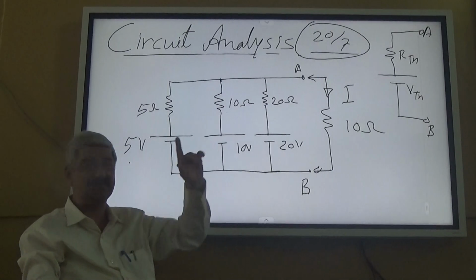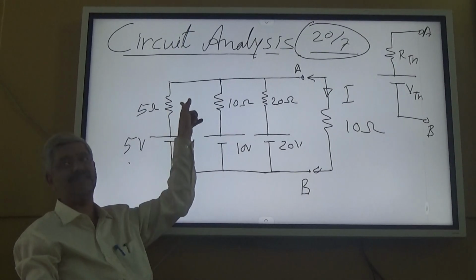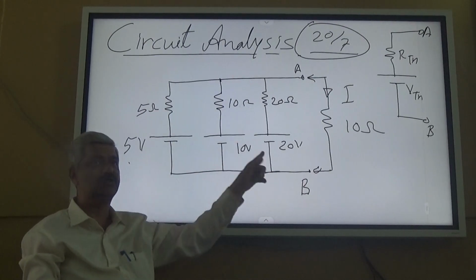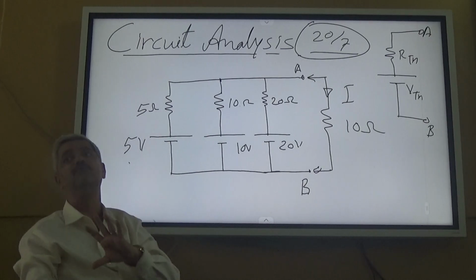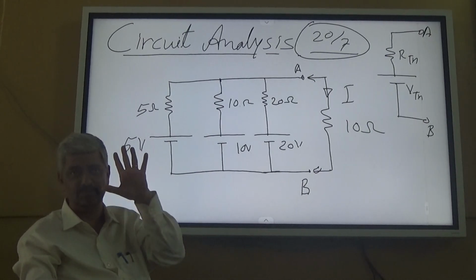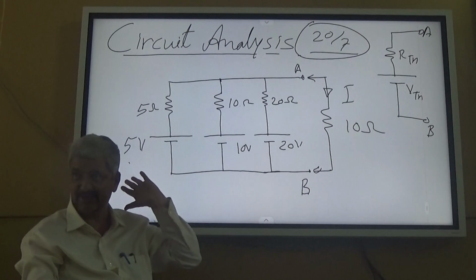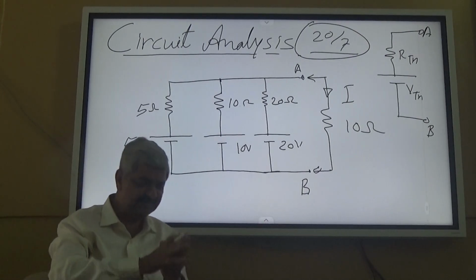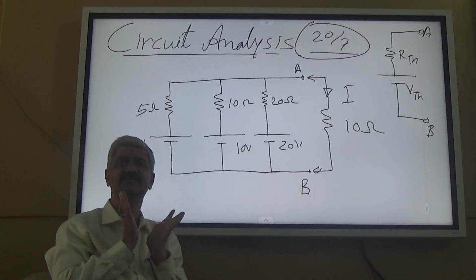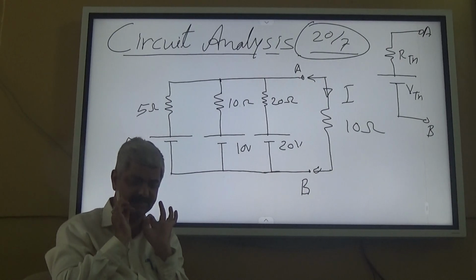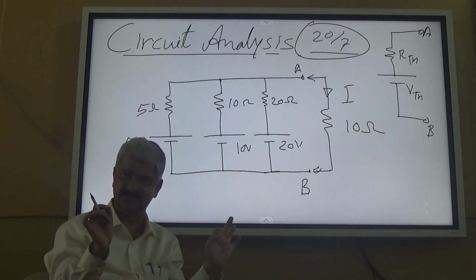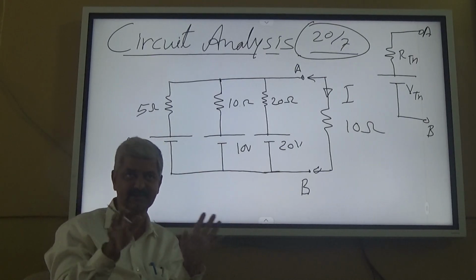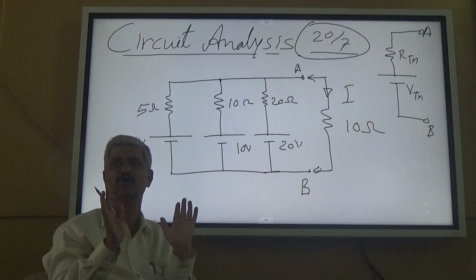In general, Vn, Rn, V1 R1, V2 R2, V3 R3, V4 R4, it can be any. So there is a simple formula which you need to devise on your own without referring to any material. Is it okay? So in this DC part, any circuit consisting of any number of voltage sources and resistances is doable, and I think that is the most simple part of our subject.